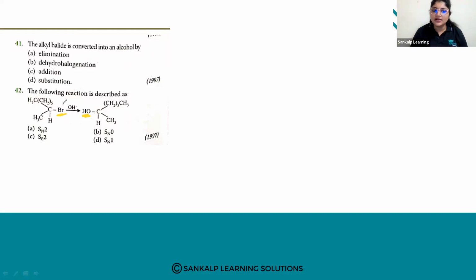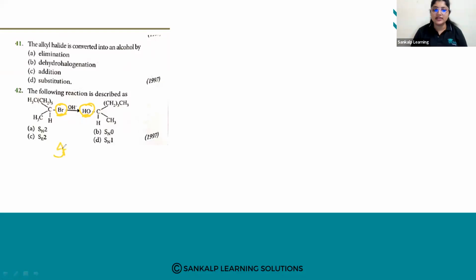Your leaving group is here and your attacking group is here. This is a type of nucleophilic substitution reaction, because your Br is leaving and your OH minus is getting attached. So this is a nucleophilic substitution reaction.